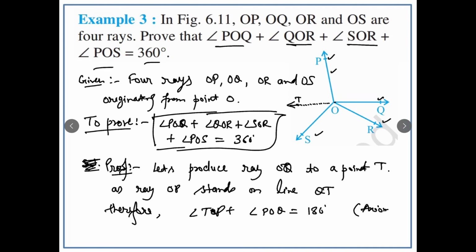This is by axiom 6.1, the sum of the 2 angles so formed is 180 degree.